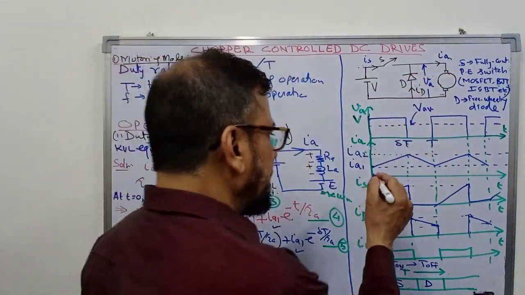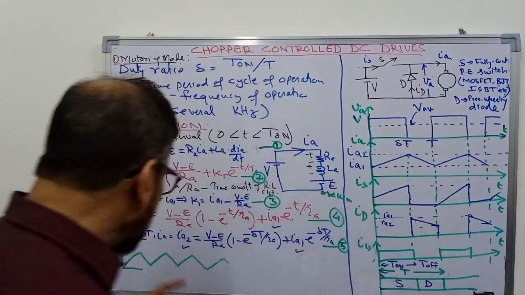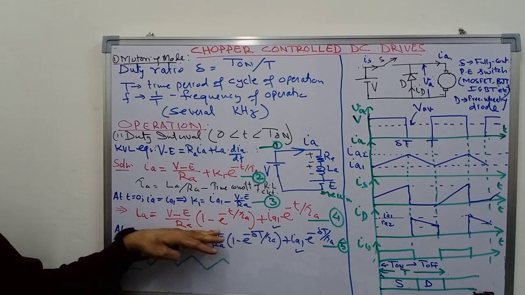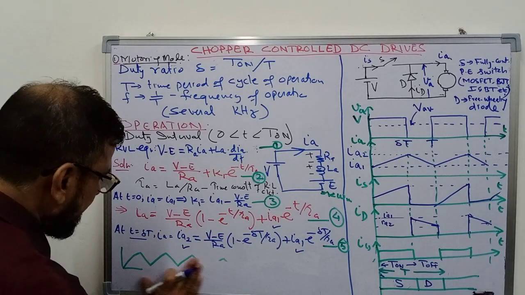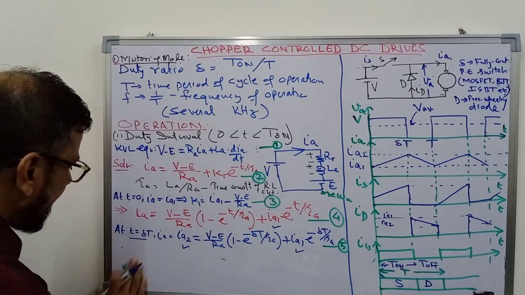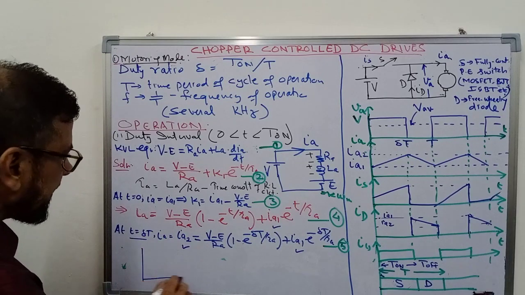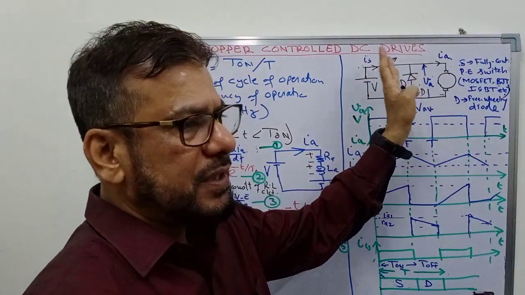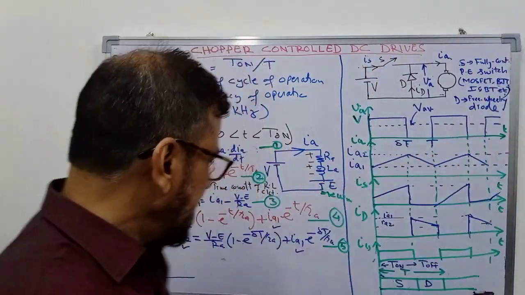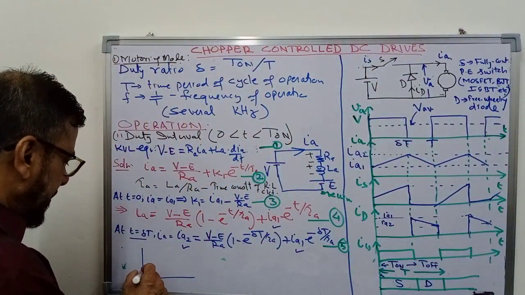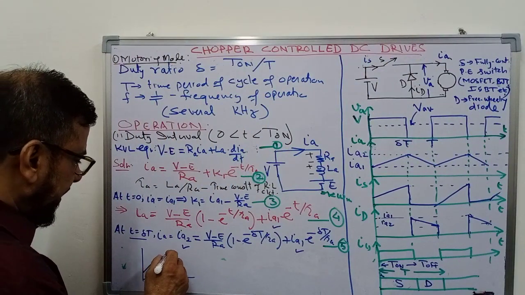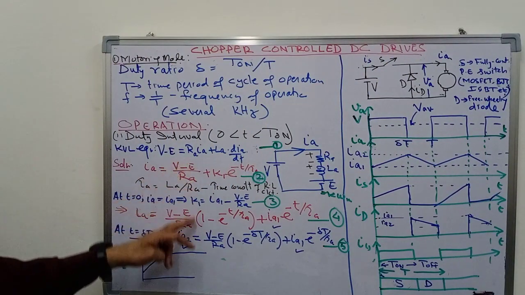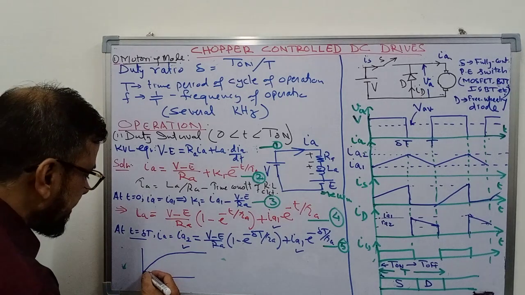During this interval, current rises, and you can see here the equation of the current has some exponential term. So actually, if you draw the current waveform, suppose you don't turn the switch off, keep it on for long enough time, what will happen? Current will start from say I1 and then it will rise, finally reaching the steady state value, that is V minus E upon RA. So this is exponential rise.